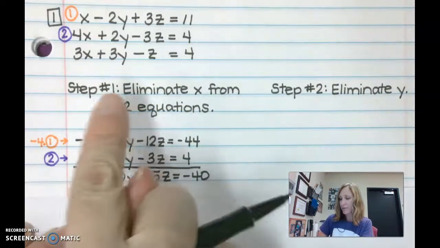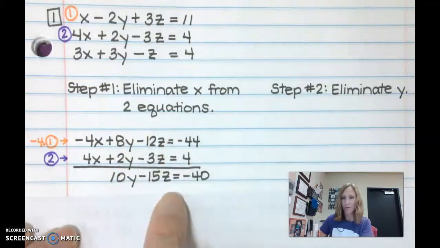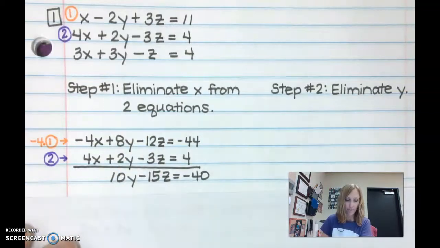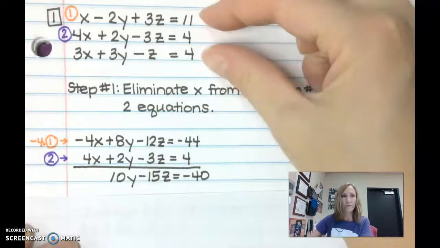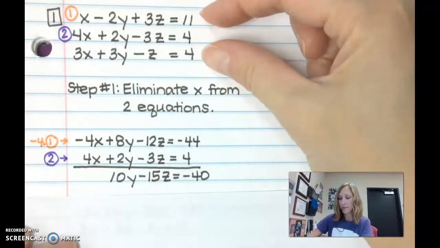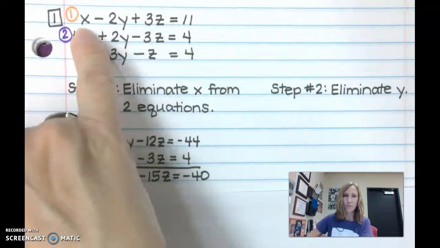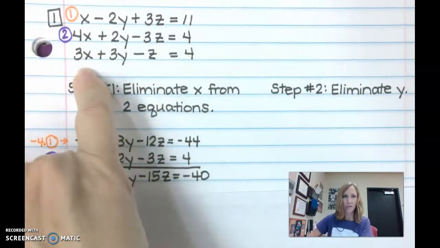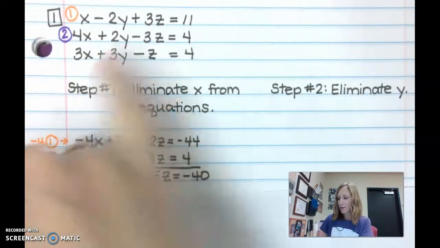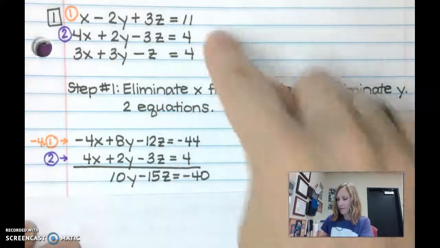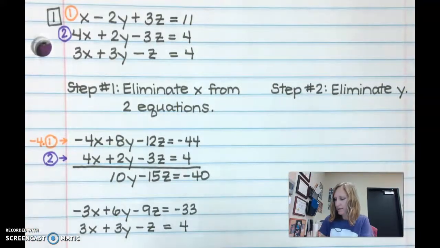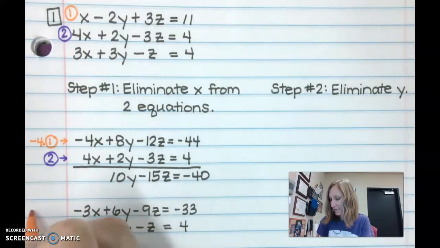But I'm actually going to eliminate x from 2 equations. Right now I've eliminated it from 1 equation. So I think this time I'm going to pair equations 1 and 3. And the reason I'm going to do that is my goal is still to eliminate x's. Since this has a single x, it's very easy to multiply this to make these 2 coefficients the same value but opposite signs. So what I'm going to do then is take this first equation and multiply it this time by negative 3.